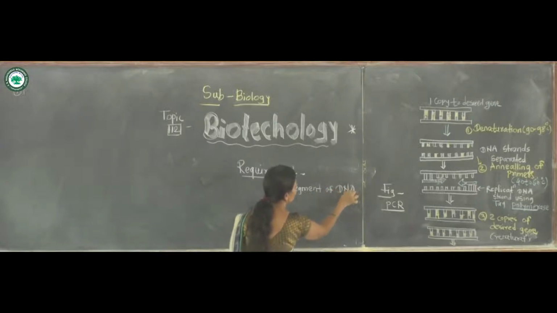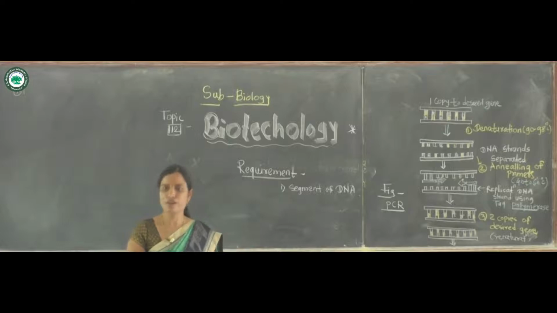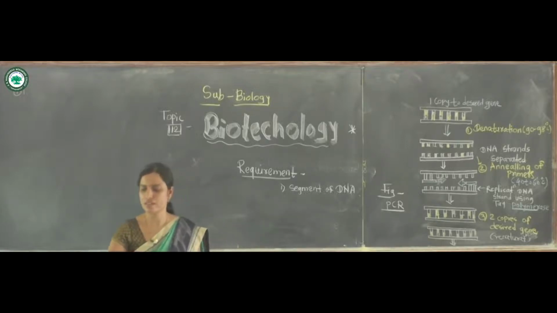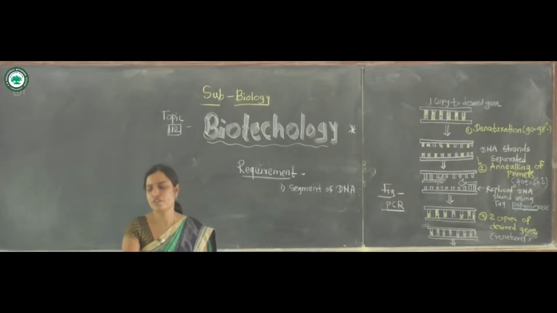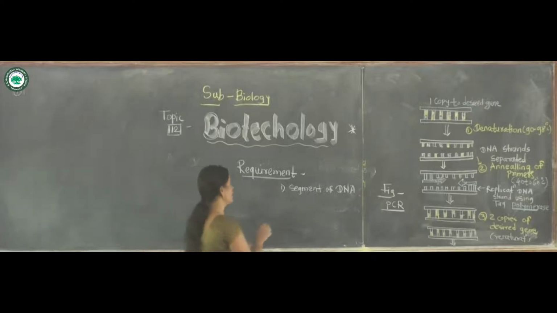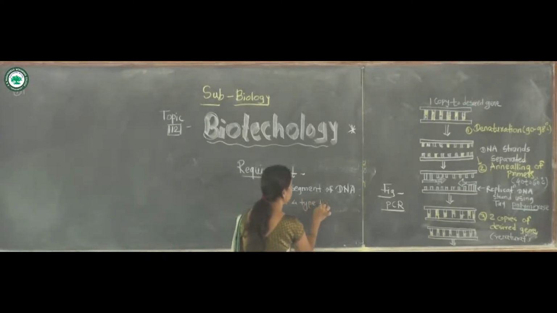The first important requirement is DNA, and a short segment of DNA is important for these techniques so that these DNA fragments can be multiplied. Another important requirement is 4 types of nucleotides.